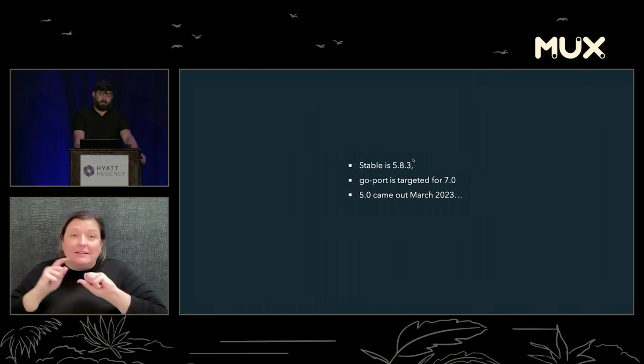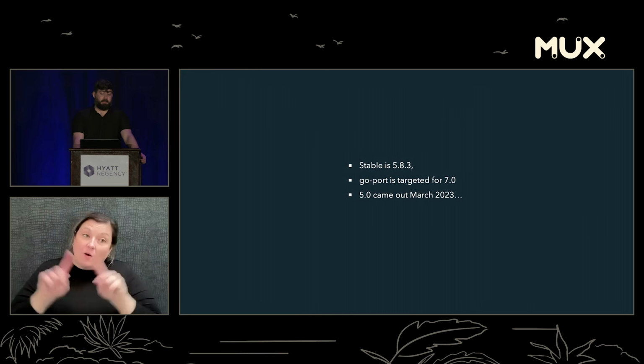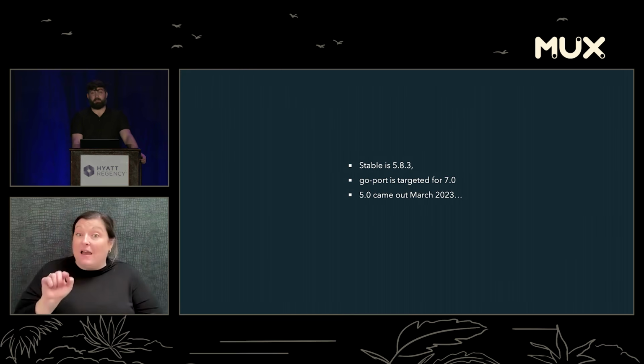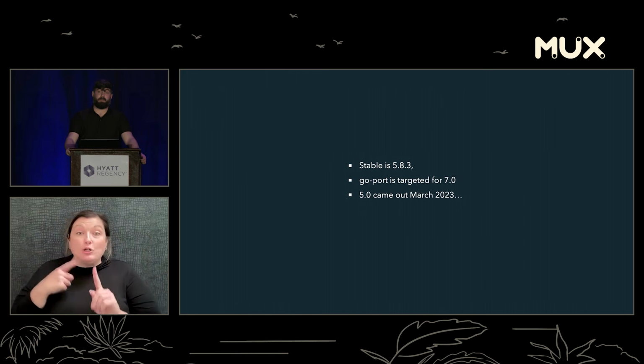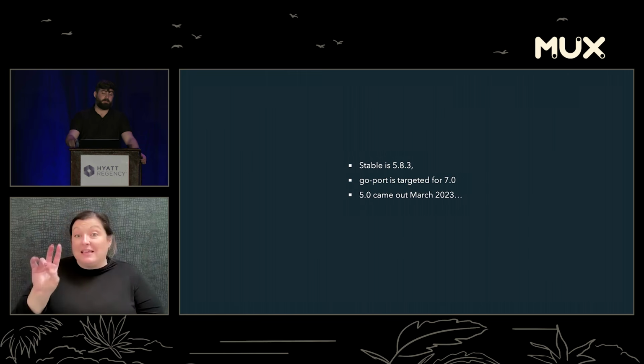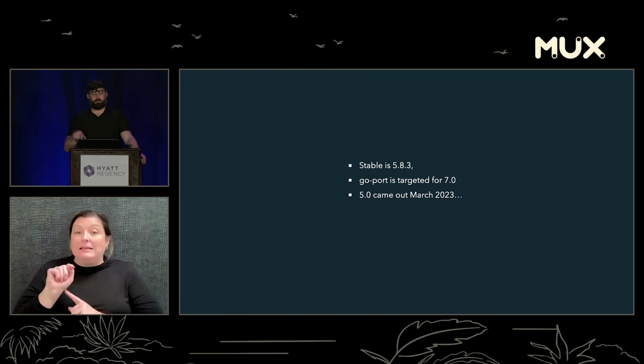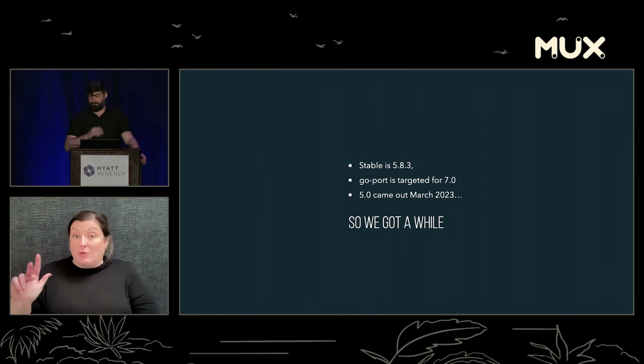However, stable release of TypeScript right now is 5.83. The Go port is targeted for TypeScript 7.0, and TypeScript 5.0 was released in March of 2023. So we got a while.